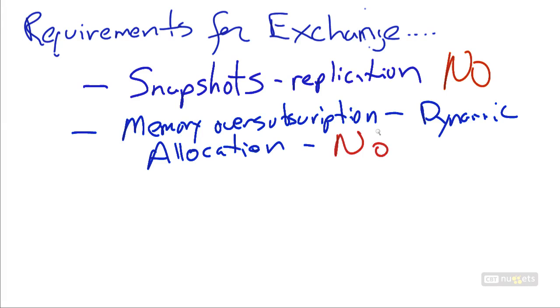But here's the deal. Dynamic memory allocation means that a VM could have its memory reduced while another VM has its memory increased. The problem is that Exchange uses its memory to cache its indexes and to work with its databases. It actually optimizes its database cache in memory to reduce I/O to a page file.